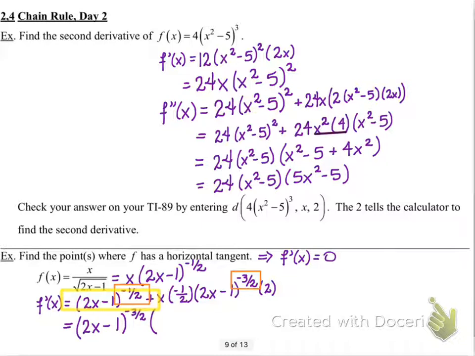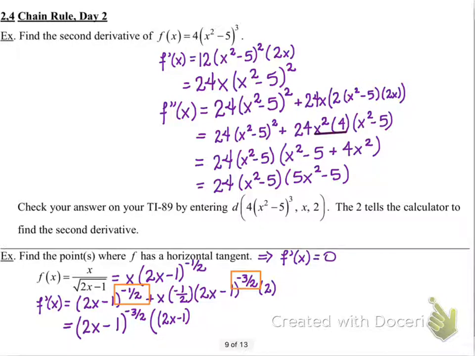Think about what it would mean to factor out a 2x minus 1 to the -3/2. Otherwise said, what do you need to add to -3/2 to get -1/2? You have to add 1. So we actually have right here 2x minus 1 to the 1.